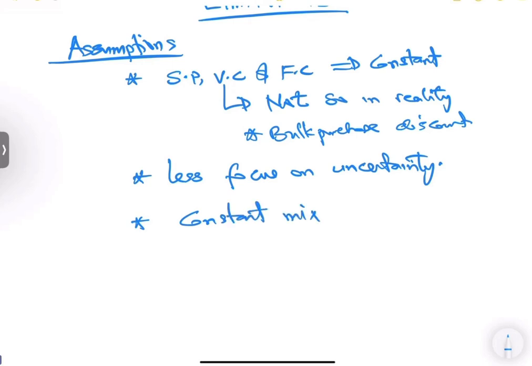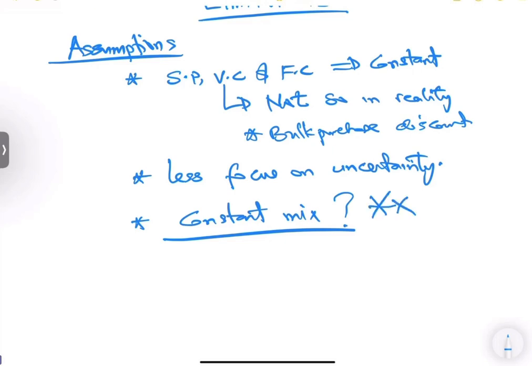In fact, I don't know any company that sells in constant mix. I've never seen it. I don't think it will ever exist. So this is just pure theory. Most times, companies will sell in order of profitability. Because why should I be selling a product that is not giving me maximum profit? I want to exhaust my most profitable product first before I go into the less profitable ones. So this constant mix assumption is weak.